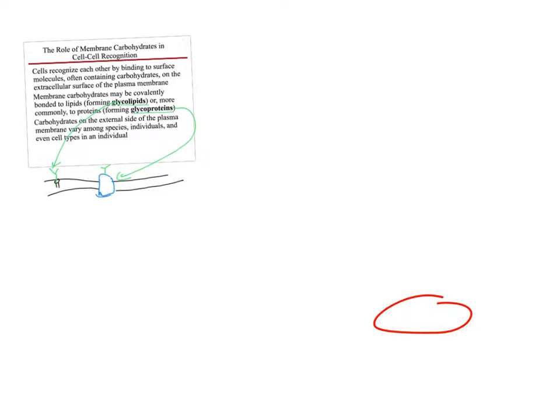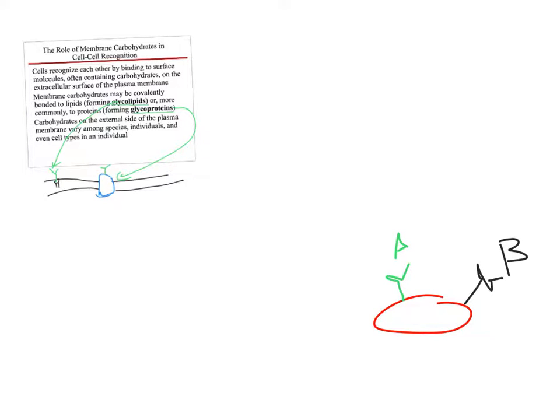If you are A, you have one type of carbohydrate on there. If you're B, you have another type. In the case of AB, you have both. Here's A, here's B. That's it.